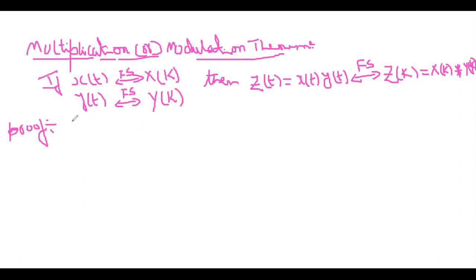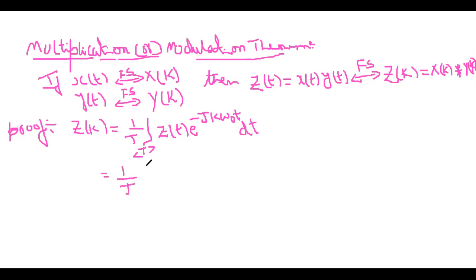According to the analysis equation, z of k is equal to 1 by T the integral over T of z of t e power minus jk omega naught t dt, and is equal to 1 by T the integral over T. What is the z of t?